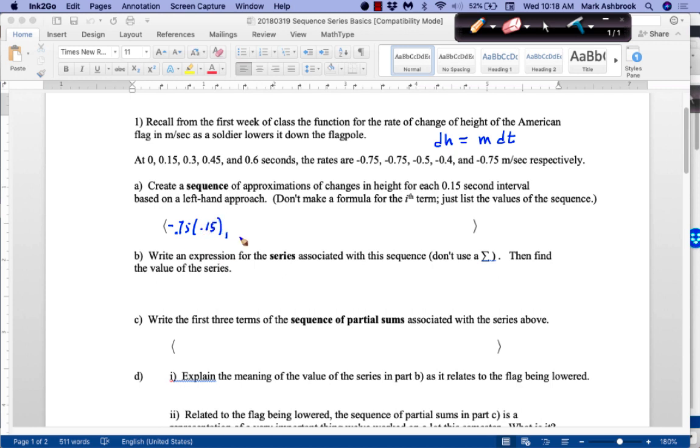And then the next one in the sequence, negative 0.75 times 0.15. Third interval, negative 0.5 times 0.15, etc. So dy equals m dx. In this case, dh equals m dt. These are our changes in height.